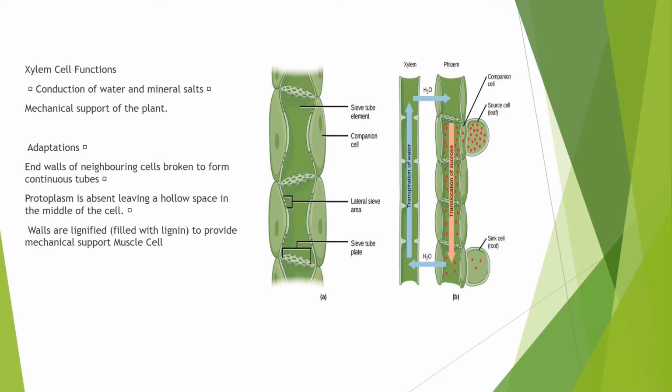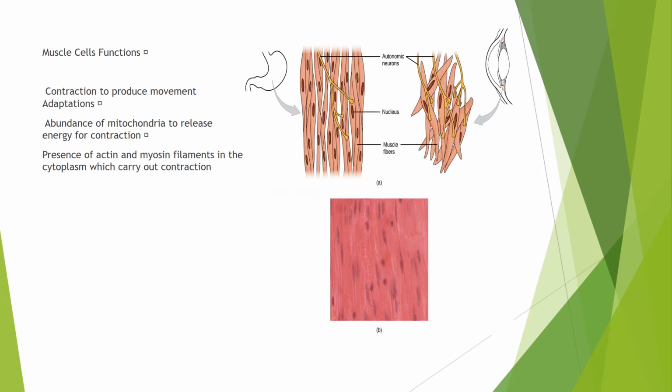Their adaptations are that the walls of neighboring cells are broken to form continuous tubes, and the protoplasm is absent, leaving a hollow space, allowing the flow of fluids inside them. Their walls are also filled with lignin to provide mechanical support. They give the plant support, right?